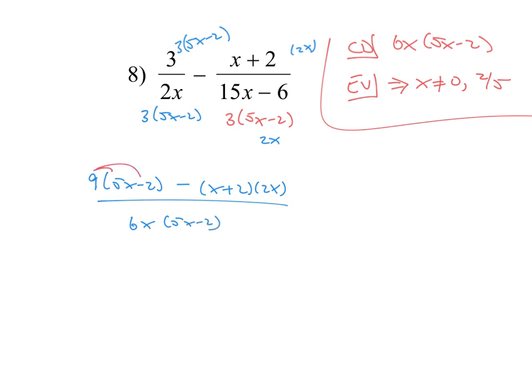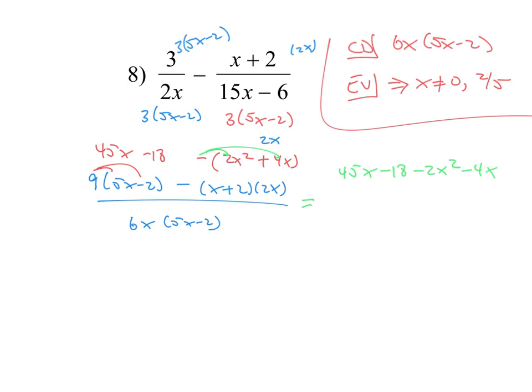So when I distribute all this, I got a 45x minus 18 minus, this is going to give me a 2x squared plus 4x. I did not simplify those yet because I have this minus that I want to distribute. So up top, I have a 45x minus 18. Now I have a minus 2x squared and a minus 4x.